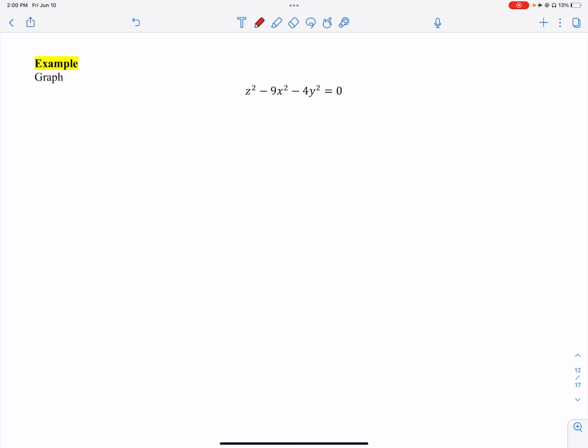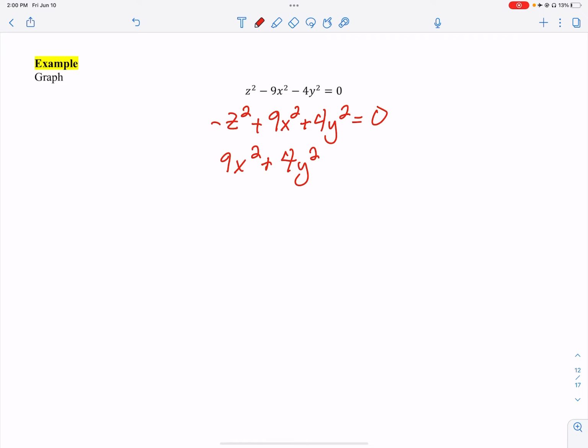If I multiply by a -1, I get negative z squared plus 9x squared plus 4y squared equals 0. That's totally fine.